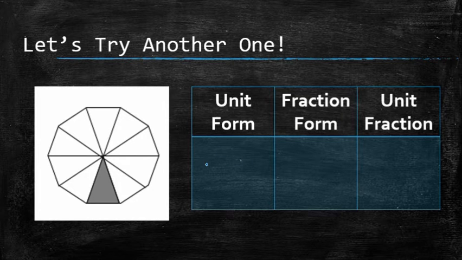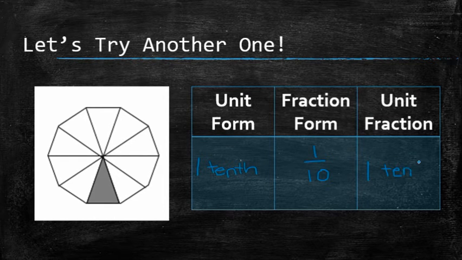And so we know that the shaded section there is 1 section out of 10 sections. So we have 1/10, and if you have a math word reference sheet, then you will be able to see that 10th is right next to the number 10, okay? And the fraction form here is 1/10, and then we only need 1 unit, so it's going to be 1/10 as well.